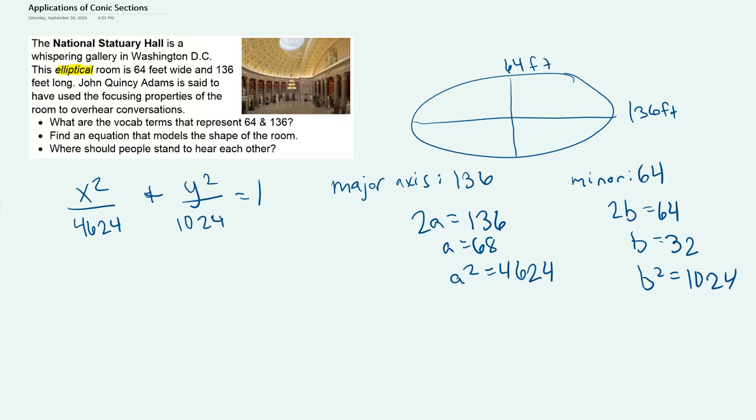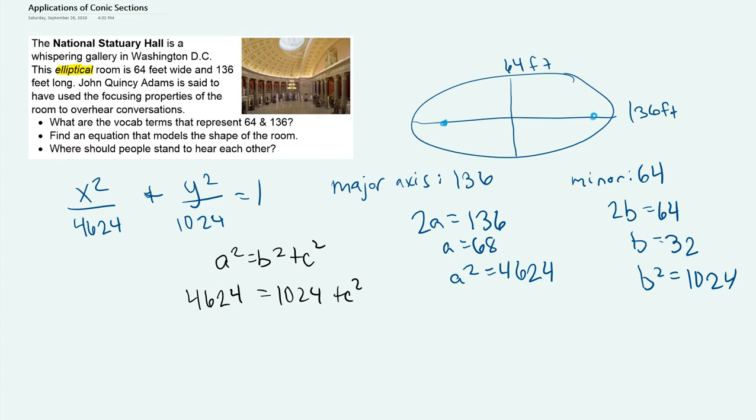Then it says, where should people stand to hear each other? Well, they hear each other at the foci. So that means we have to figure out what the foci are. For an ellipse, we use the formula a squared equals b squared plus c squared. We have our a squared is 4624 and our b squared is 1024.